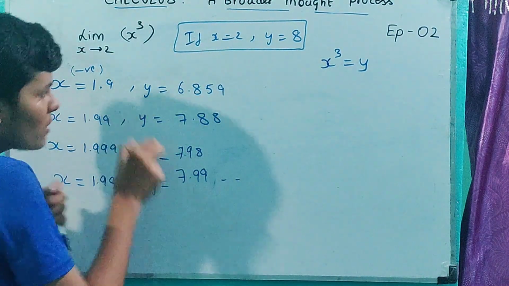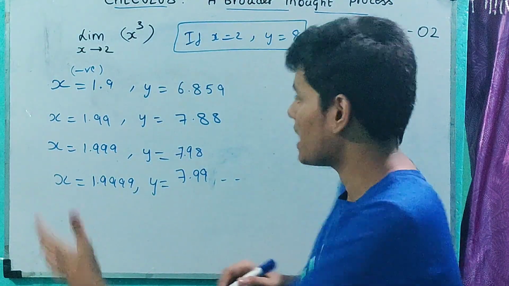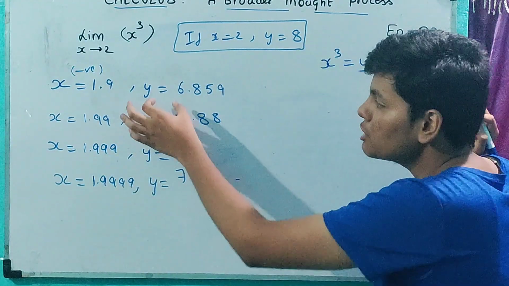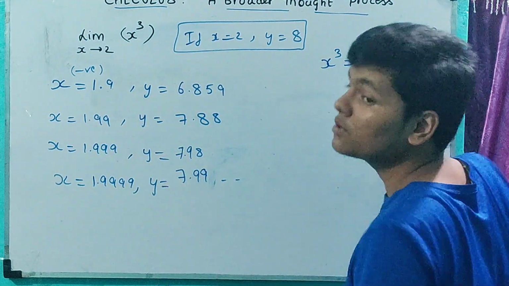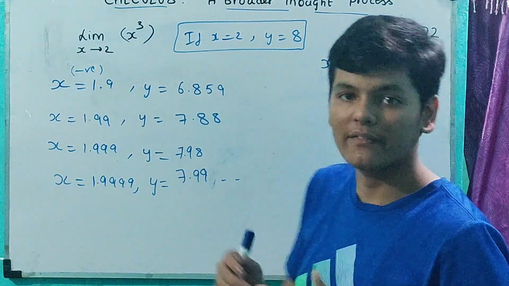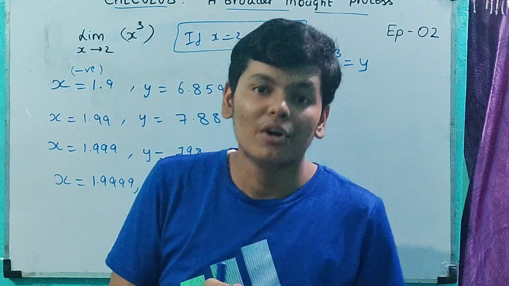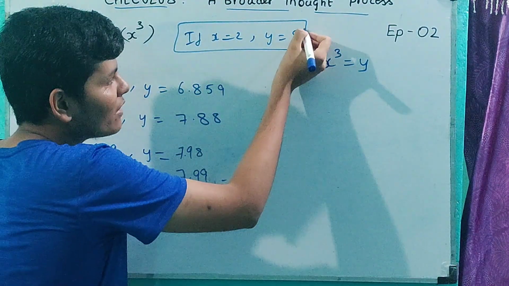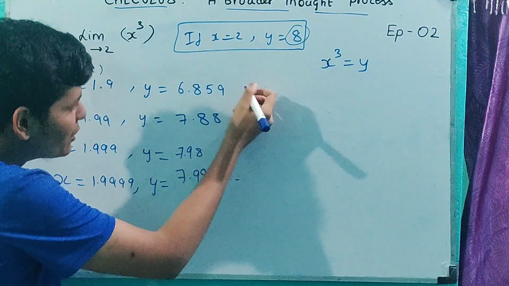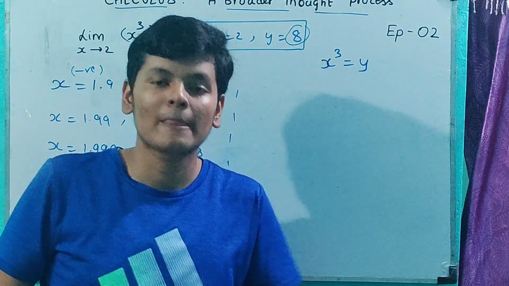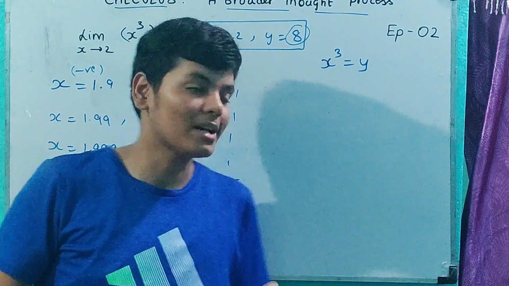When we are trying to approach the value of 2 from the negative side, then as you increase the closeness to 2, the answer y increases toward 8. This defines our definition of limit, a value which we can get as close to as possible. Our value is over here, that is 8. We are getting as close as possible, but we are never actually attaining the value of 8. This is a beautiful concept of limit in mathematics.